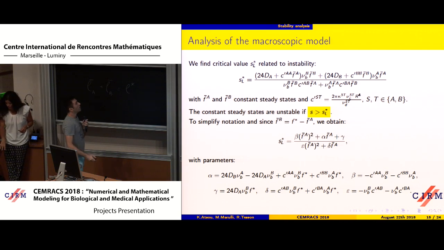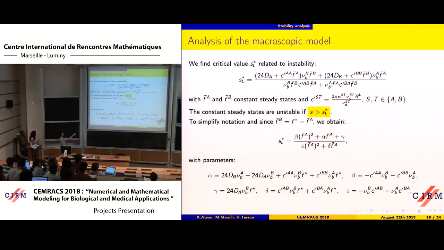With this equation, I can eliminate all the FB in this equation to only have an equation on FA. And we find that this equation gives you a rational function. And you say, okay, we want to study this function.